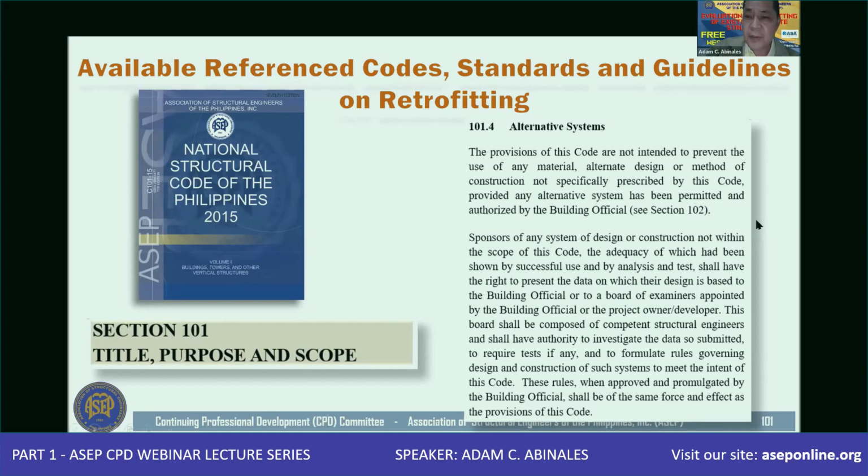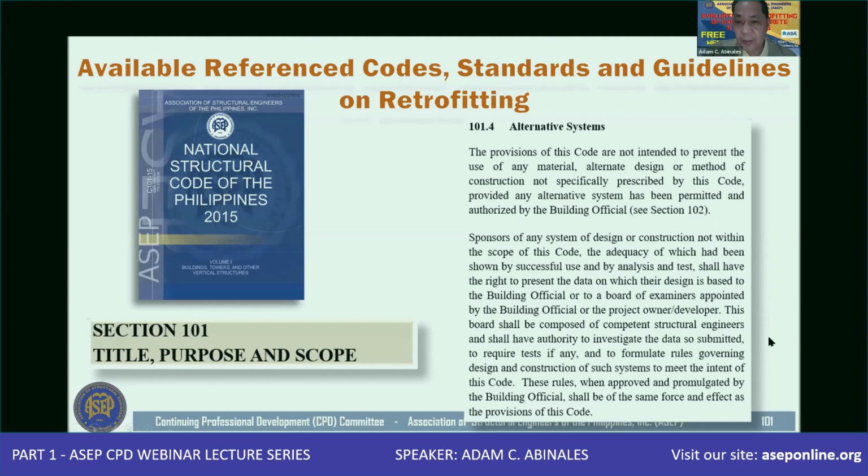Doc Mac Mendoza presented some codes which are not, of course, part of the code as prescribed in this NSCP. But looking at the statement here, this is open-ended. Meaning you can use a reference standard or a model code, provided that it is permitted and authorized by the building official.